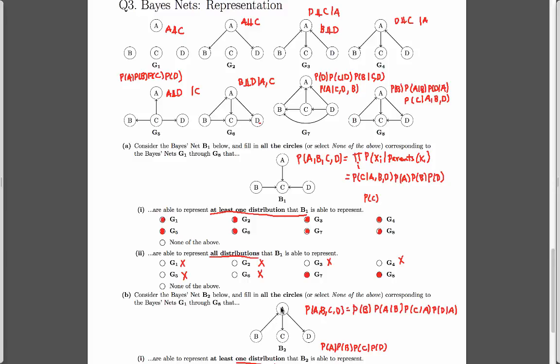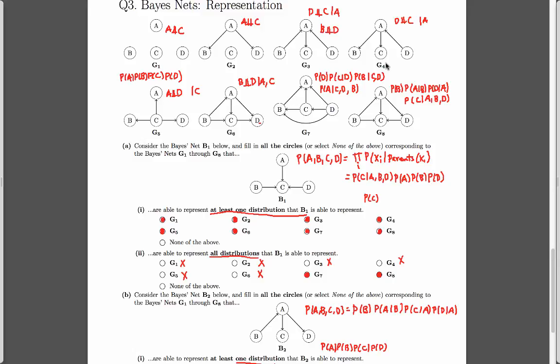These arrows represent the structure that B and D are independent given A, that A and D are dependent, that B and A are dependent, and B and D are dependent. If you swap these 2 arrows, that doesn't change any of that. B and D are still independent given A, and A and D are dependent, A and B are dependent, and B and D are dependent. So these 2 graphs actually represent identical probability distributions.